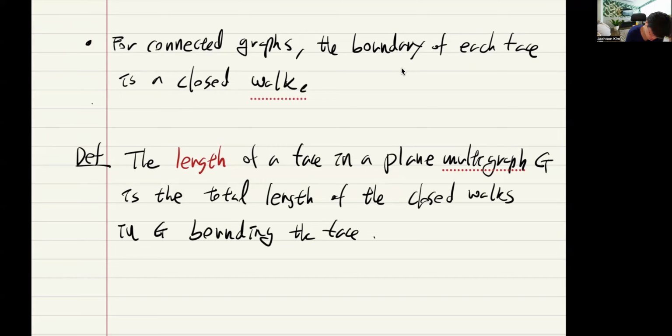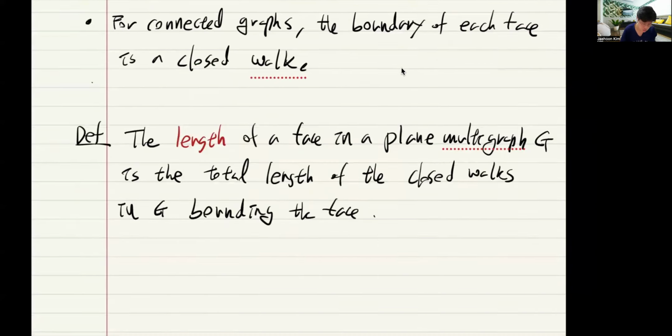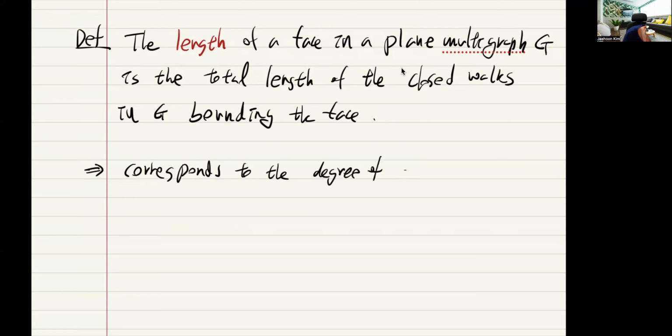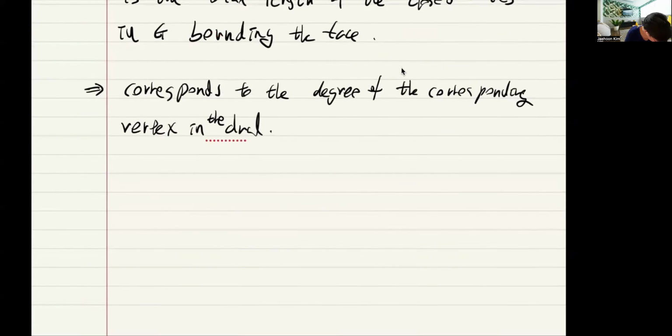And in any case, the boundary of a face is a union of closed walks. So we define this length, and this actually corresponds to the degree of the corresponding vertex in the dual.